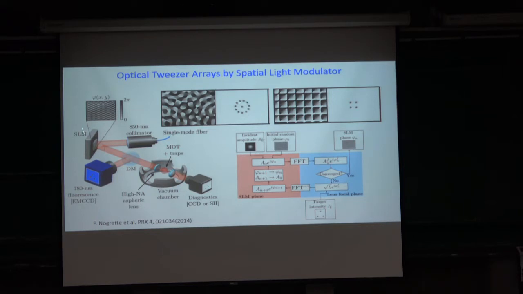And the phase you modulate is just a Fourier transform of the intensity pattern in the focal planes. So you can use Fourier transform to calculate what kind of it's a programmable holography device.